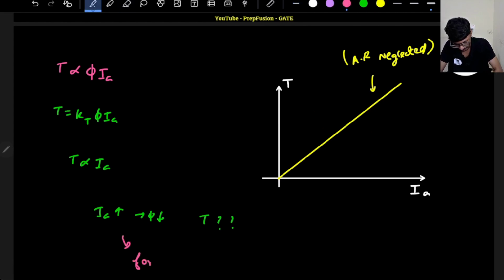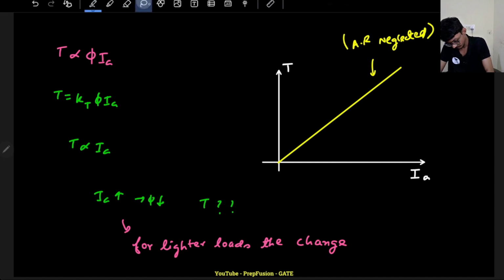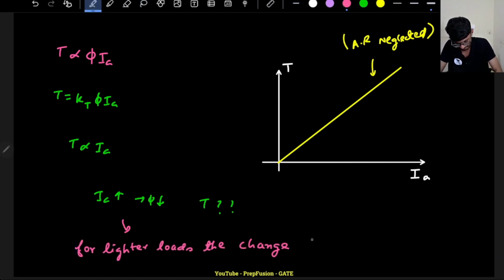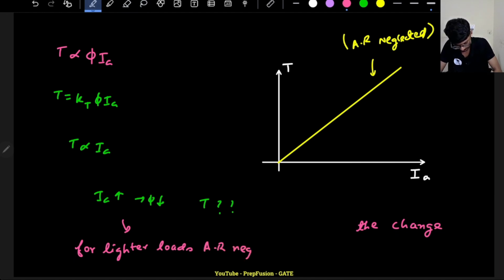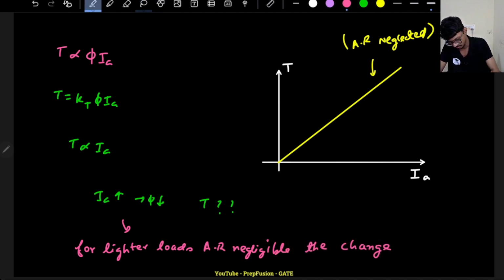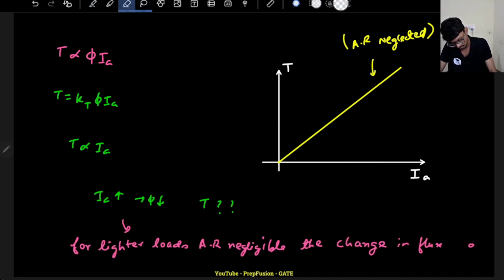For lighter loads, armature reaction will be negligible, so the change in flux is almost zero.